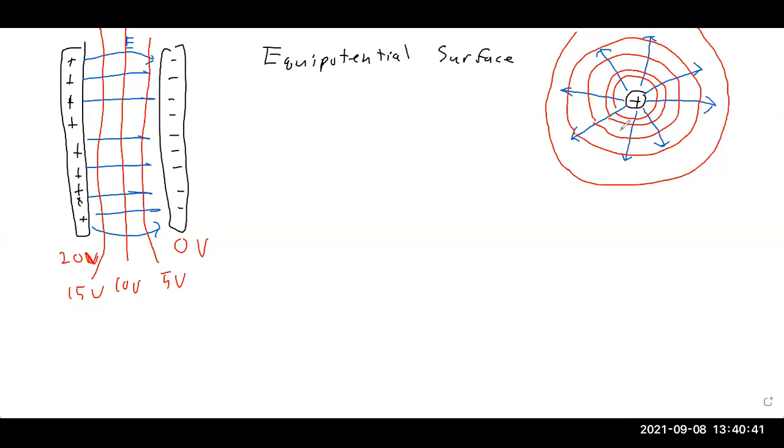So equipotentials are always perpendicular to our electric field. And if things move to lower potential, it's not always going to end up as that energy that's free. Sometimes it turns into heat. So this is another way of mapping what's going on with a system of charges.